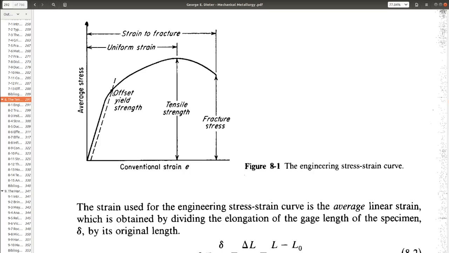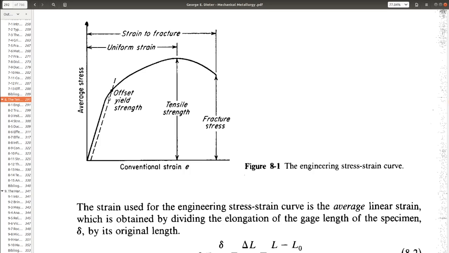And that point is called the offset yield strength, or yield point. So that's one way of identifying the yield limit. For some other materials, people use another method. They choose a point where the strain is 0.5%, and from that point they draw a vertical line, which will intersect the stress strain curve, and they consider that point as the yield point.